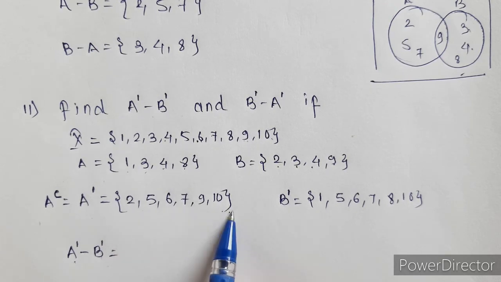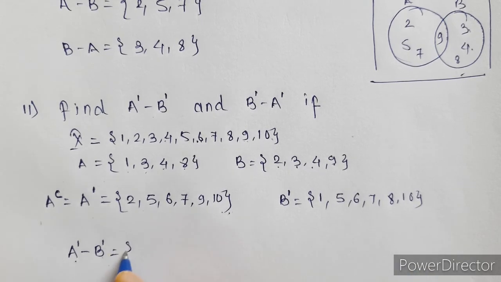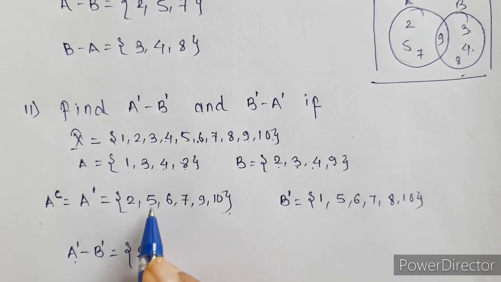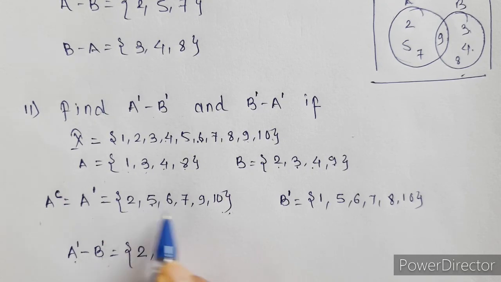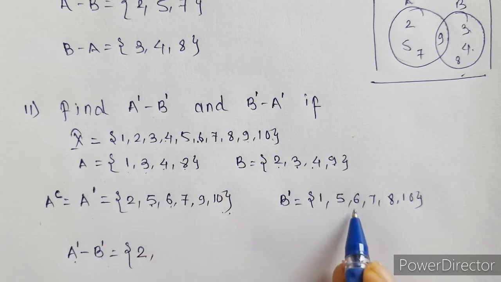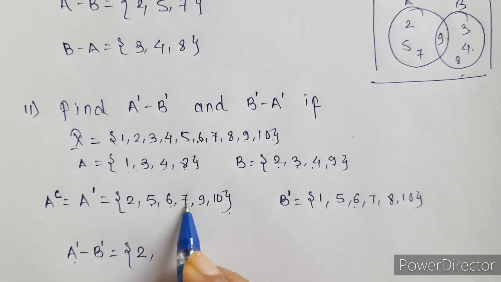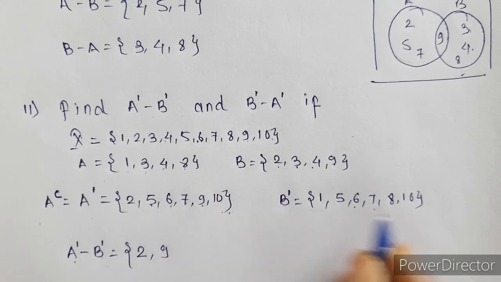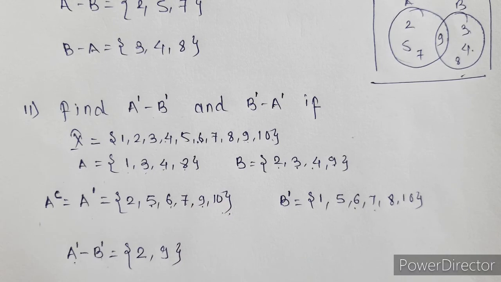From these elements we have to subtract the elements which are already there in B complement. So 2 is not there, so 2 will come here, 5 is there, so we have to subtract that 5. Then 6 is also there, so we have to subtract 6. 7 is again there. So 9 will come here, 10 is also there, so 10 is not going to come.